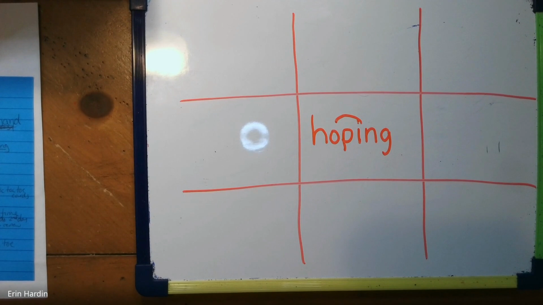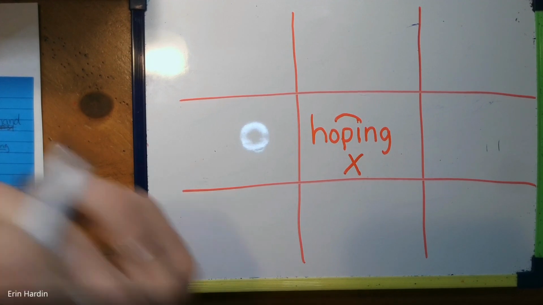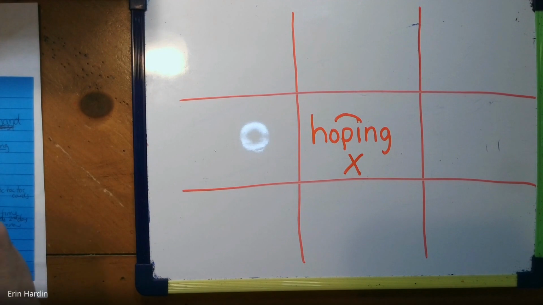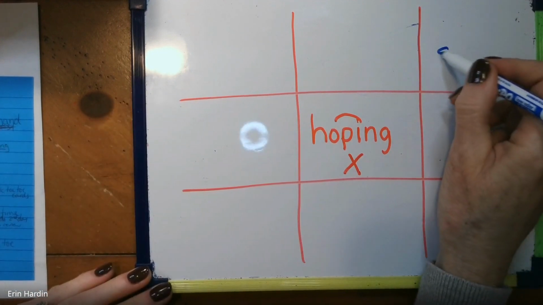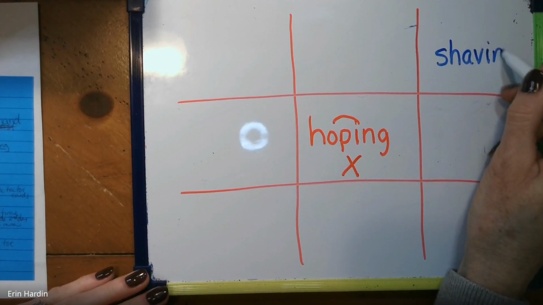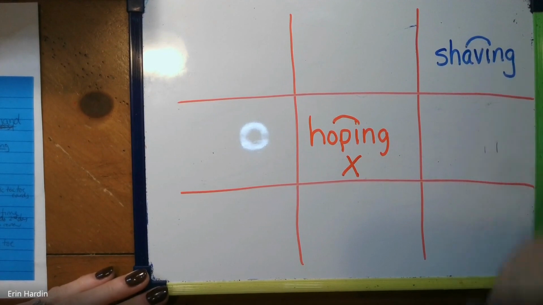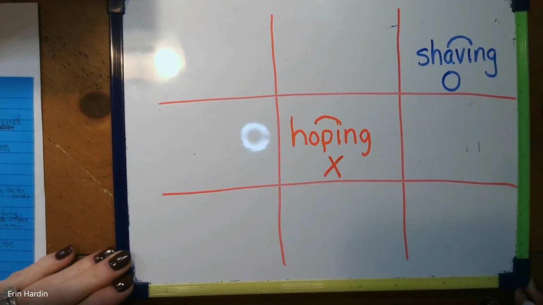Okay, now it is O's turn, and O's word is shaving. Shaving, and then they will go ahead and arm spell it, shave, ing, sh, a, ing, knowing that that I is telling that A to make its long sound, and they can keep playing like that.